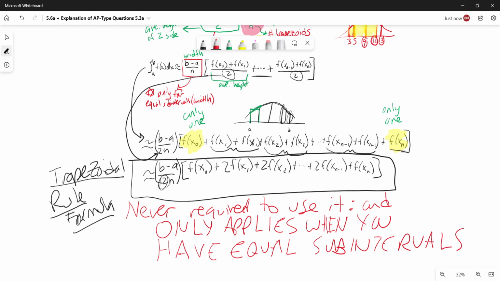It's kind of a cool formula just because you see how formulas are made, starting with the idea of a trapezoid and then factoring stuff out, noticing patterns. I think it's kind of cool to see, but you're never required to use it.